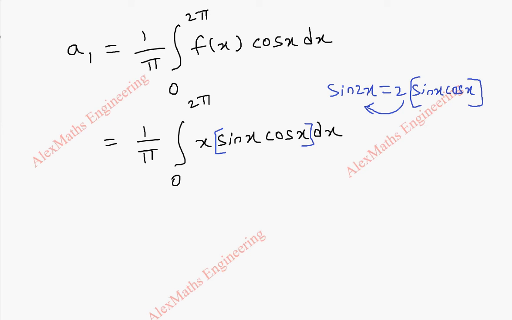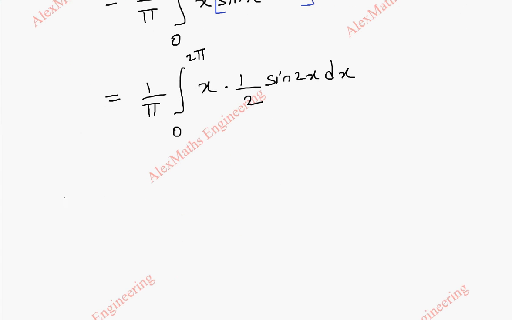So our term becomes 1 by pi integral 0 to 2 pi x as it is, this is 1 by 2 into sin 2x dx. Again, as usual, we can take 1 by 2 outside, that is 1 by 2 pi. Integral 0 to 2 pi x into sin 2x dx.